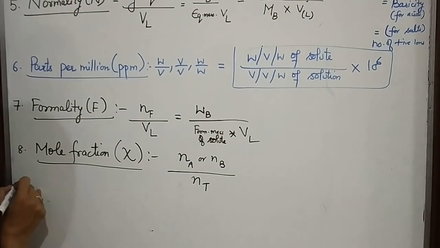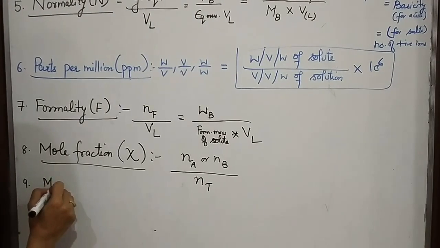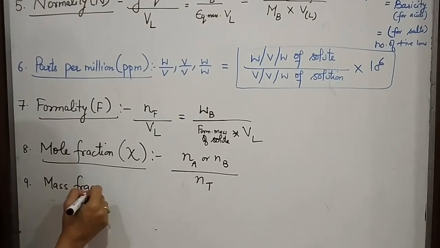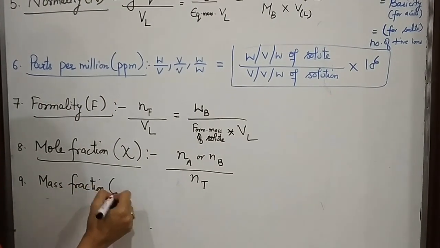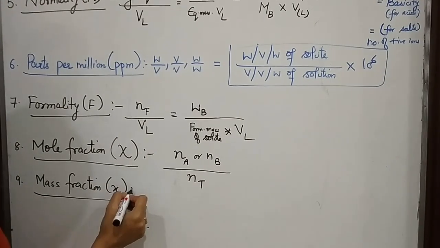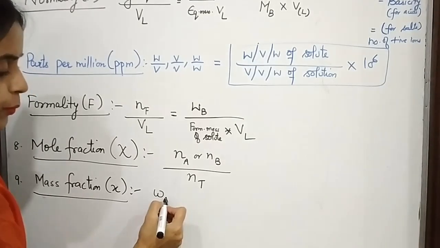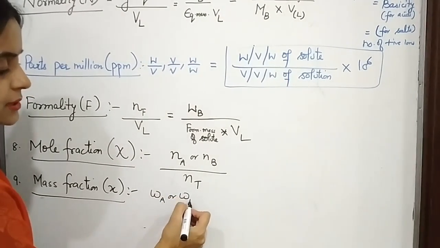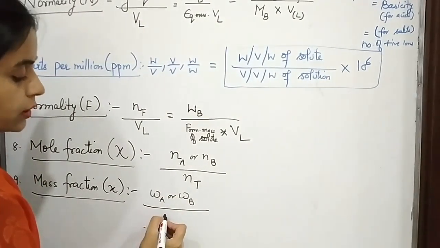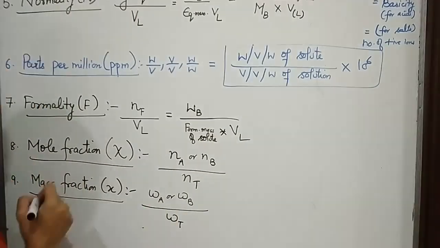Then similarly we have mass fraction. Represented by x, and its general formula is mass of any component, that is it may be solvent or it may be solute, upon total mass of solution.